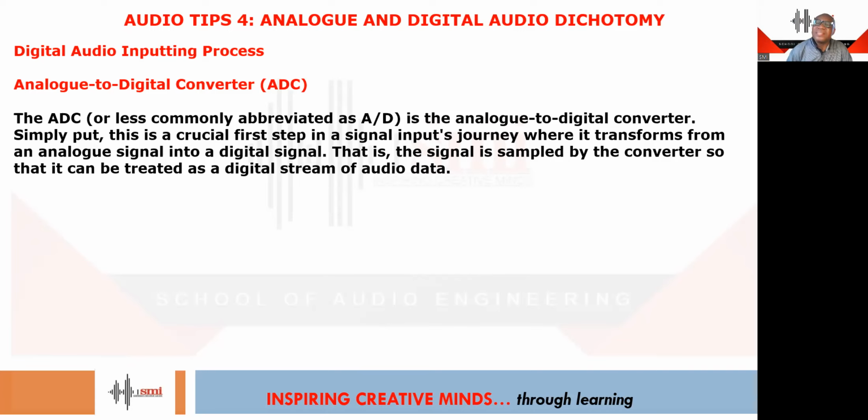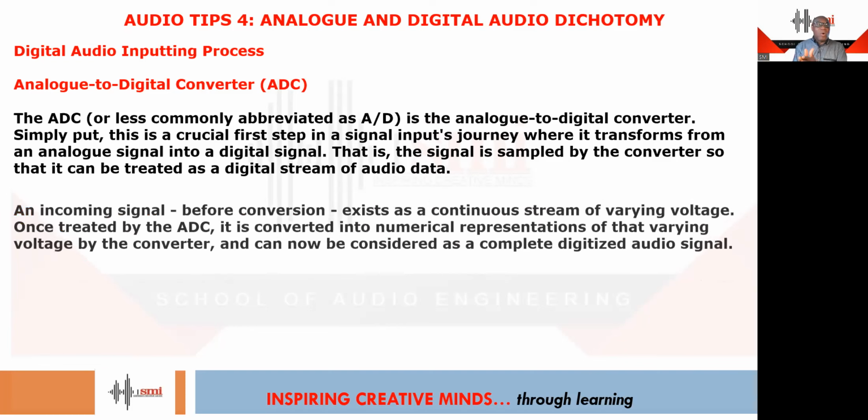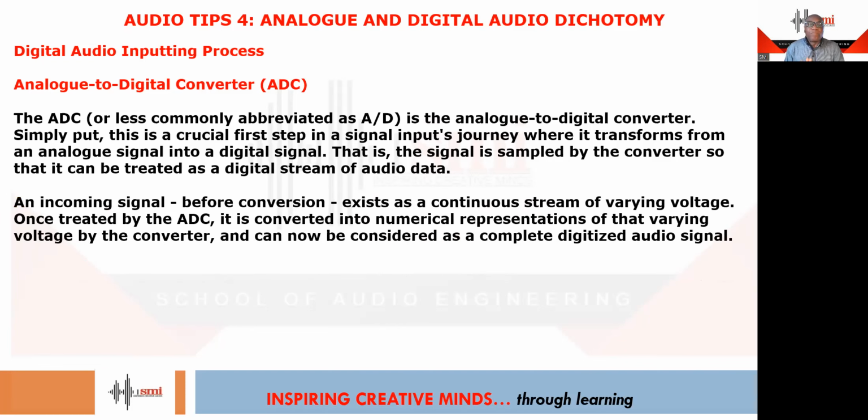And how many samples can your converter handle? That is, the signal is sampled by the converter so that it can be treated as a digital stream of audio data. That is the first contact. So an incoming signal before conversion exists as a continuous stream of varying voltage.